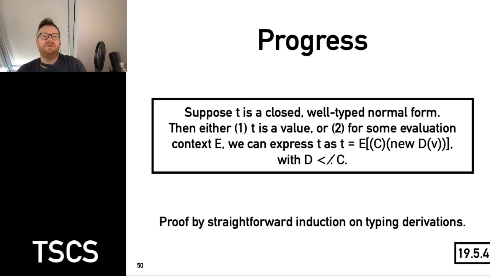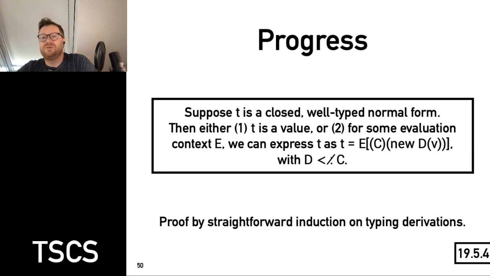Or two, for some evaluation context E, we can express T in this form, where we have this evaluation context E, and we replace the hole by a cast into C from a new D of V, where D is not a subtype of C. And this actually helps us prove progress in this case by straightforward induction on typing derivations.